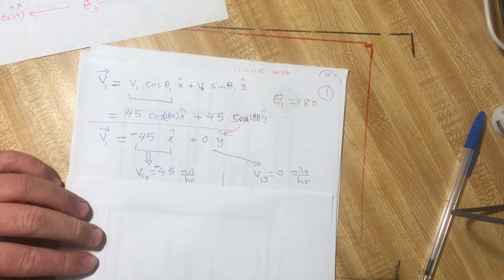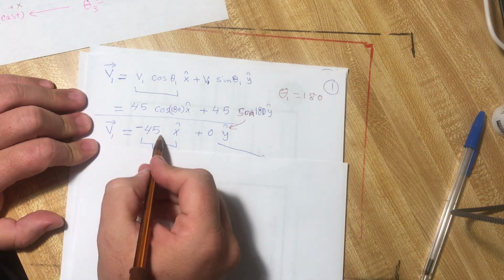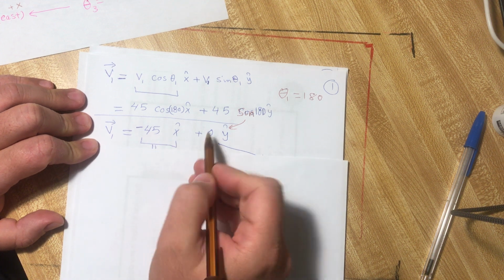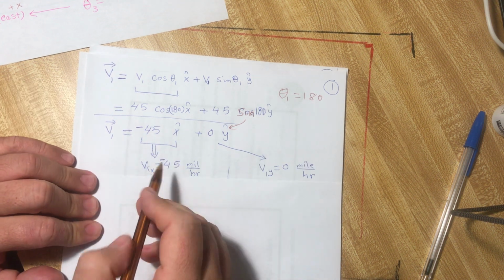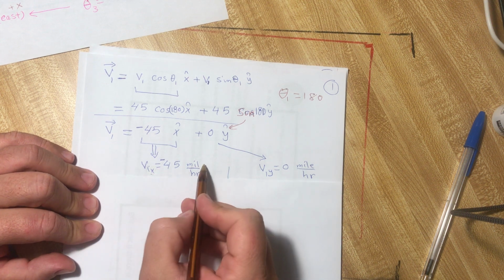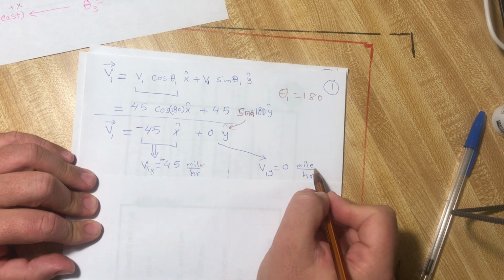In this case, I have v1x is minus 45 miles per hour and v1y is 0 miles per hour.